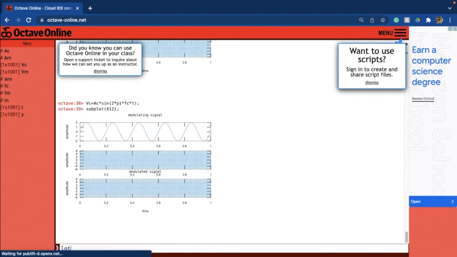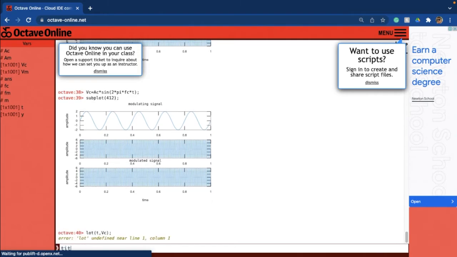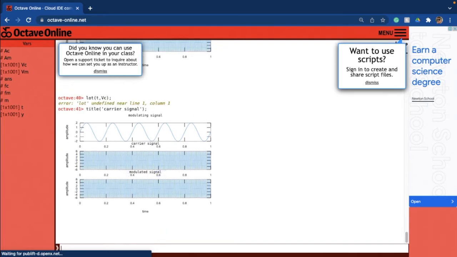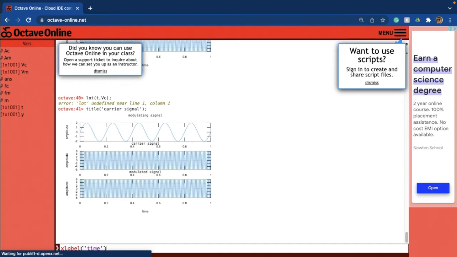Plot T comma Vc. Title: carrier. X label: time. Y label: amplitude.